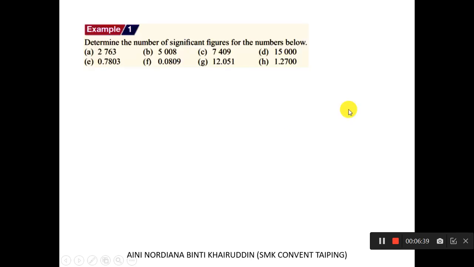Alright. So look at this example. The question will ask like this. Determine the number of significant figures for the numbers below. So have a look at example A, 2763. So determine the number of significant figures.